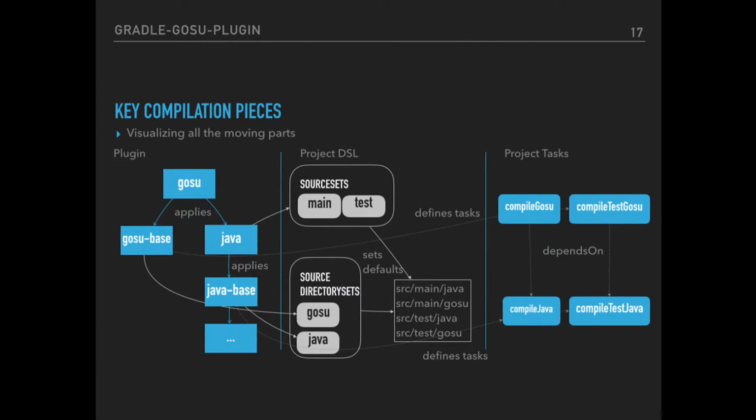Finally, the Gosu plugin defines the compile Gosu and compile test Gosu tasks, which in fact are dependent on their equivalents in the Java world. So I guess the takeaway from this is the pattern that I've seen for language plugin development in Gradle is everything depends on Java, and you're basically piggybacking on top of a lot of existing functionality. This is good though, because as a language plugin writer, it saves you a lot of work. You don't need to reinvent the wheel entirely.